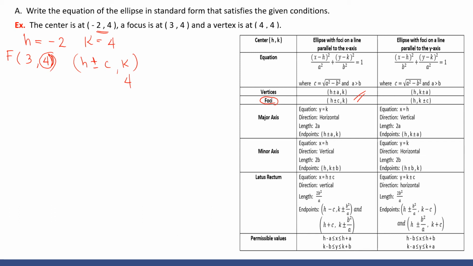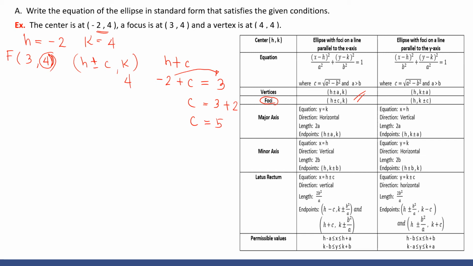If you are going to solve H plus C, substitute H using negative 2, and then plus C, which you do not know, is equivalent to 3. If you transpose negative 2 dun sa kabilang side, C therefore is equivalent to 3 plus 2, which of course, bibigyan tayo ng sagot na 5. So in this case, the value of C is 5.